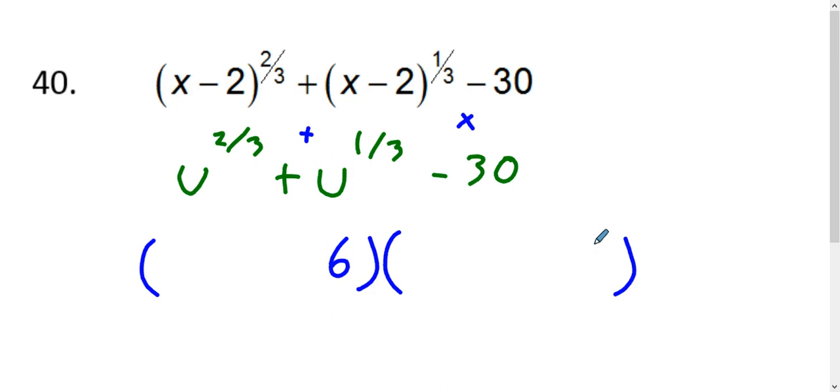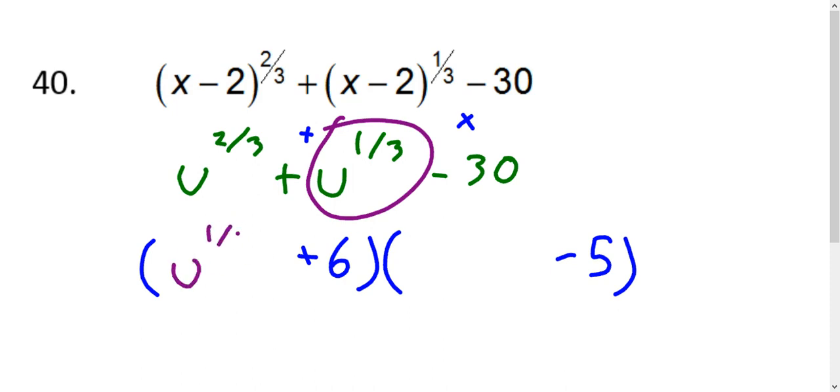That's 6 and 5. Positive 1 would be a positive 6 and a negative 5, and that gets you negative 30 and positive 1. The middle variable part, u to the 1/3, goes in the front. Since there's no leading coefficient, that's it.